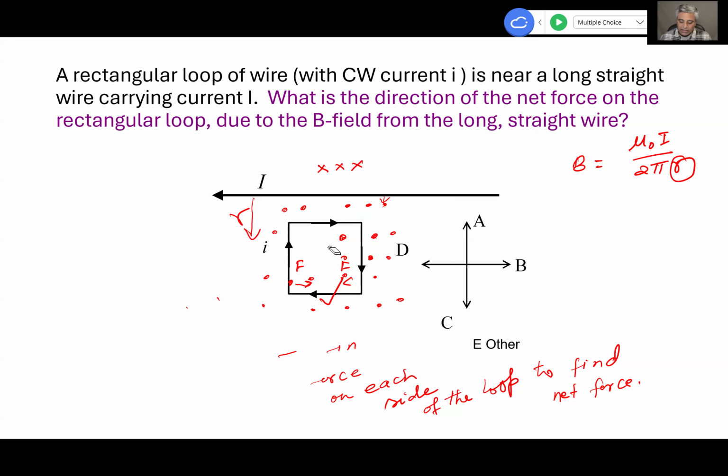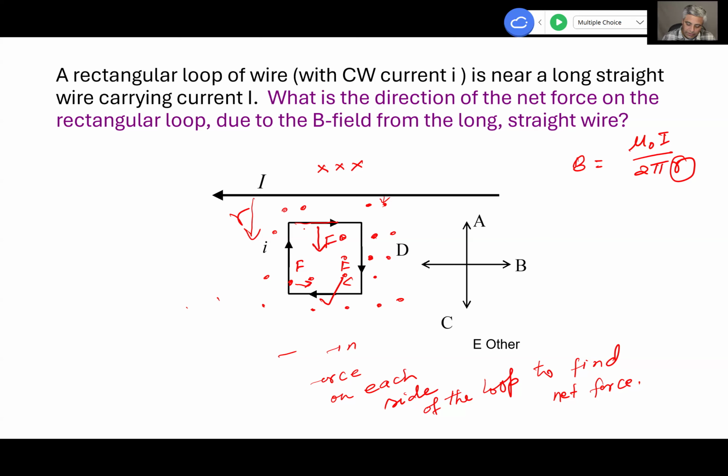Okay. The field is still coming up, but now the fingers have to be pointing to the right, and the palm has to still be pointing up so that we can curl up, right? So now the finger is coming towards me, so that means this is the direction of force here.